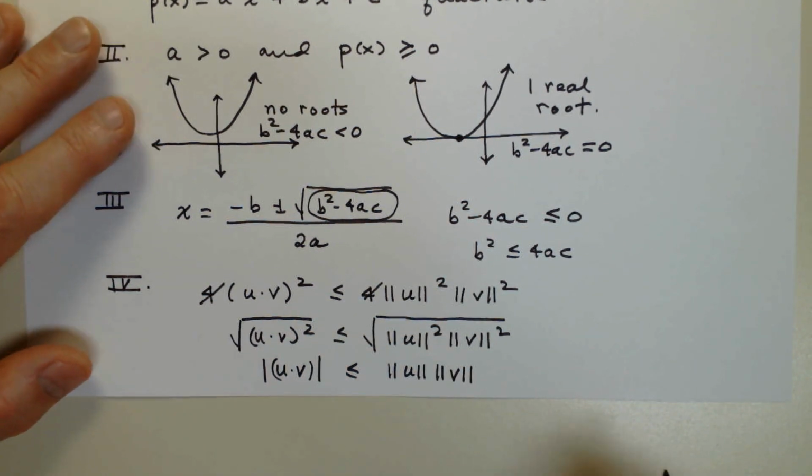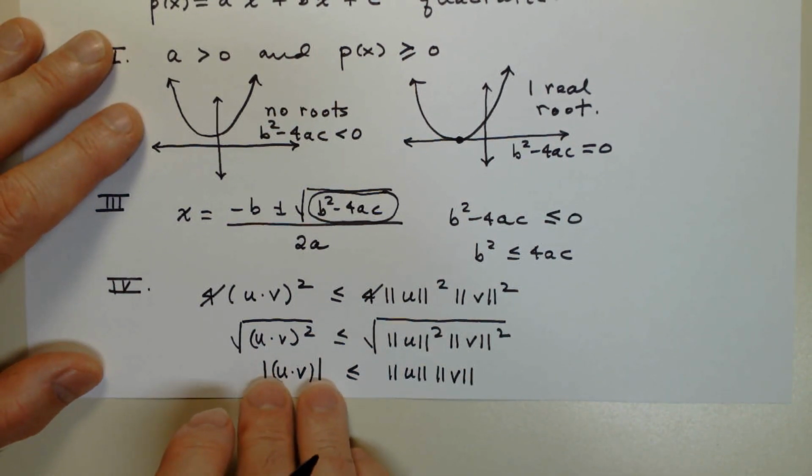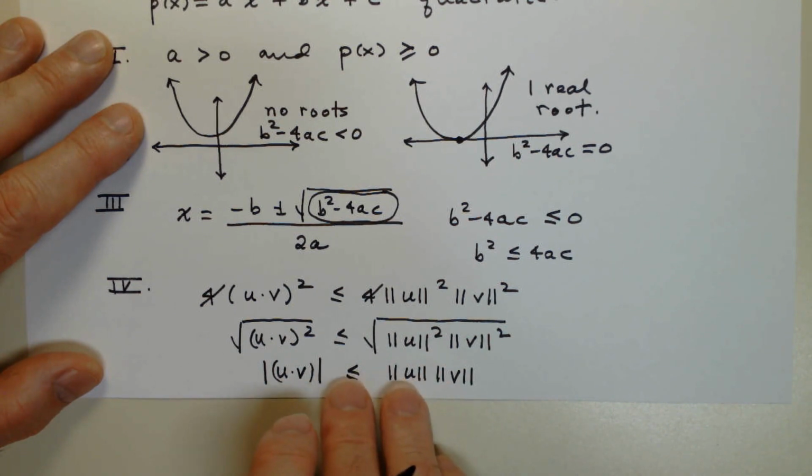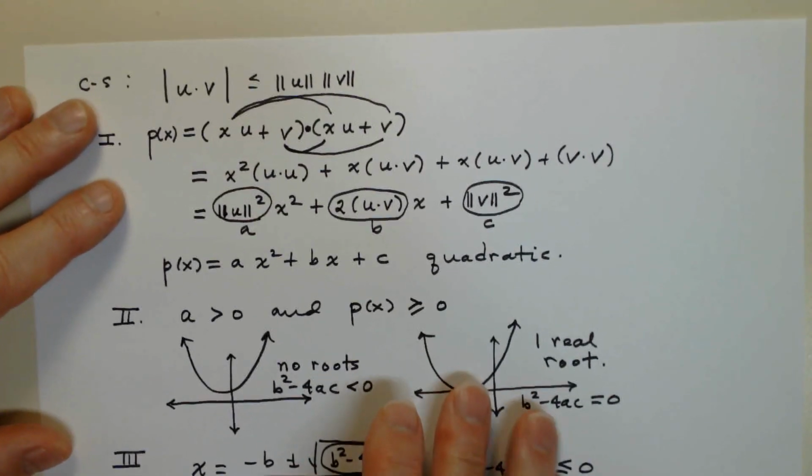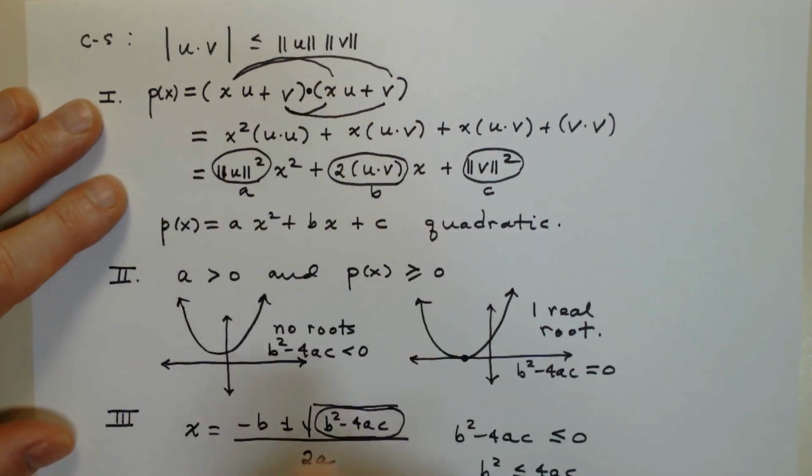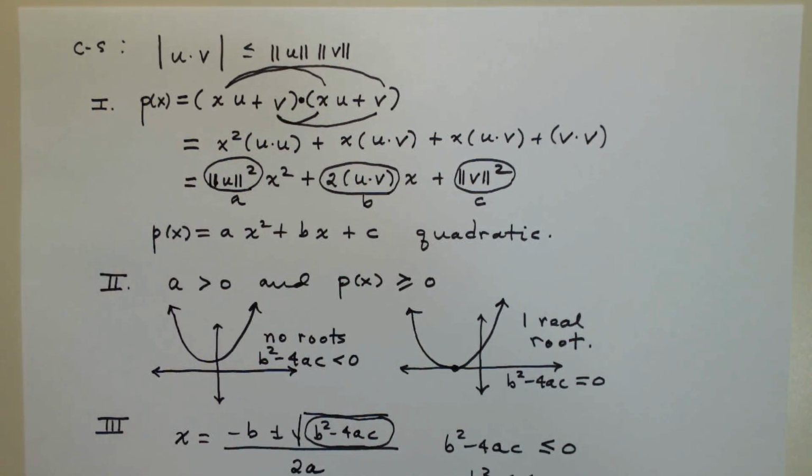And so this is the Cauchy-Schwarz inequality. It tells us that the absolute value of u dot v is always bounded above by the length of u times the length of v. So this is the celebrated and wonderful Cauchy-Schwarz inequality. Now, as you can see, this is really subtle, right? You'd be hard-pressed to work out this proof without some kind of extreme inspiration.